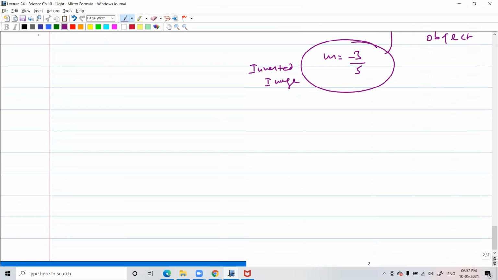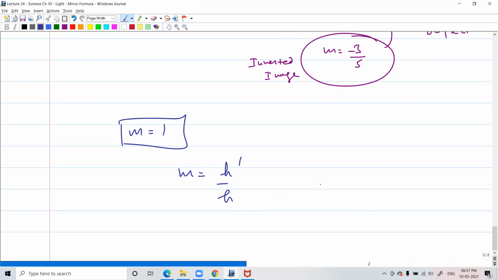So if M is equal to 1, it means image height is equal to object height. That's right, because we say M is equal to h dash by h. So if M is equal to 1, then h dash will be equal to h. Image height is equal to object height.